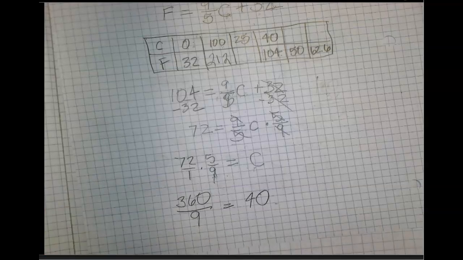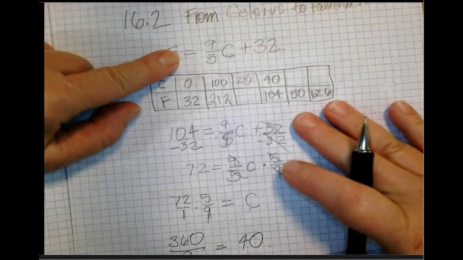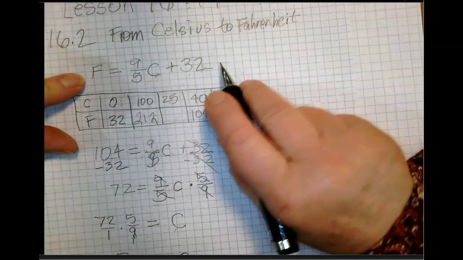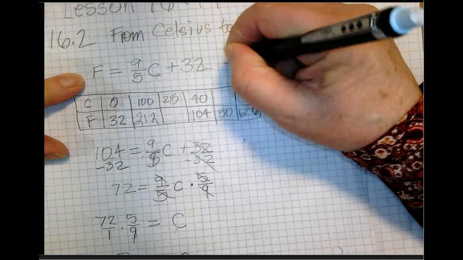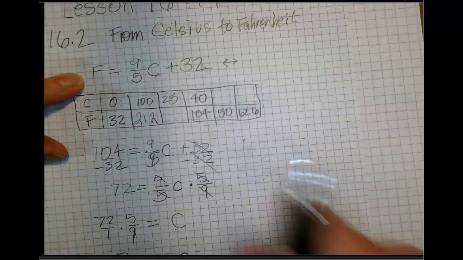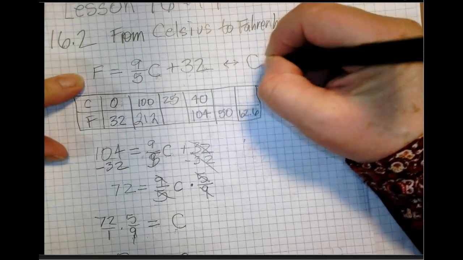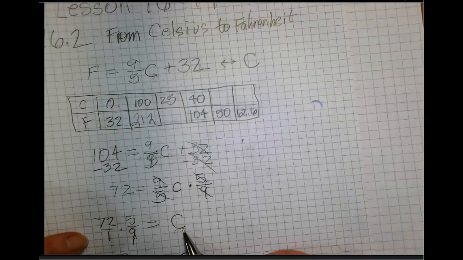And I want to show you both of these equations all by themselves. Here's our Fahrenheit equation. So now let's put our double arrow back and forth. So now let's see our Celsius conversion again.